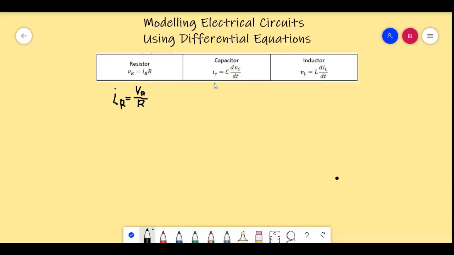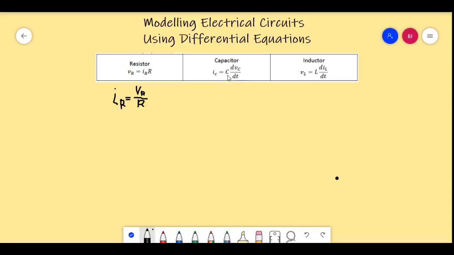Next, for capacitor, capacitors are shown as the current passing through it is equal to its capacitance multiplied by the derivative of the voltage inside it with respect to time. So that would be IC equals C dVC/dt.